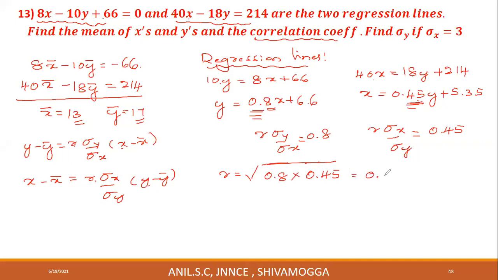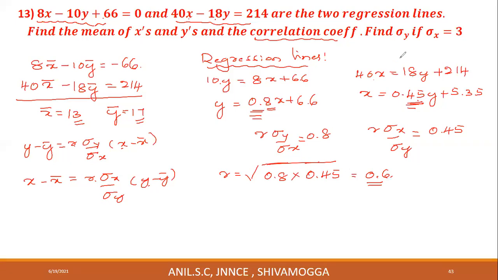R is equal to 0.6. Clearly, it lies between -1 and +1. If both the coefficients are positive, we take R positive. If both the coefficients are negative, we take R negative.